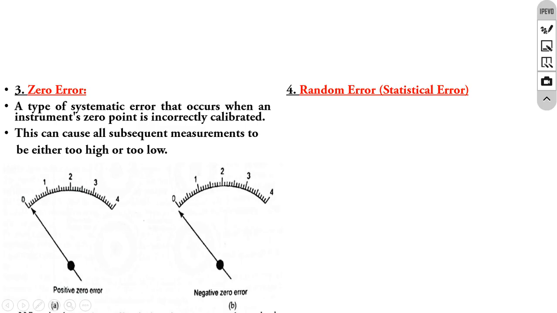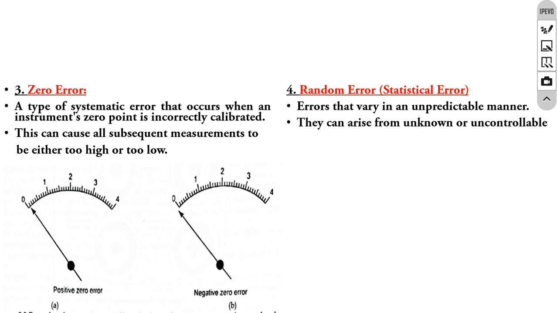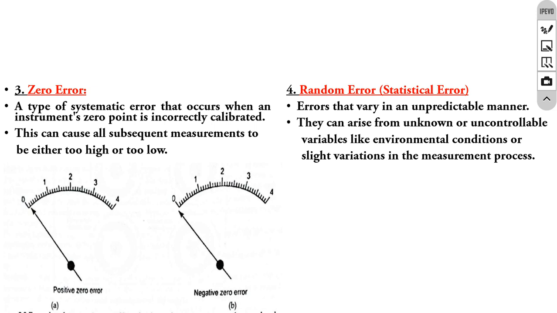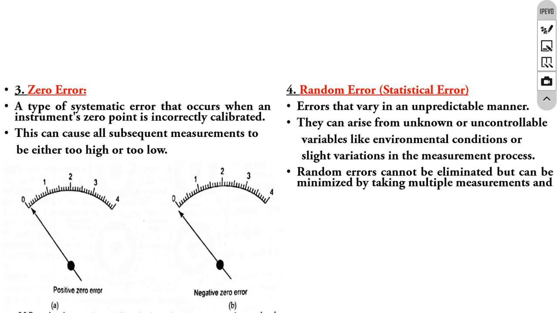The next one is the random error. So another name for random error is the statistical error. So the random error is that error that varies in an unpredictable manner. They can arise from unknown or uncontrollable variables like environmental conditions or slight variations in the measurement process.